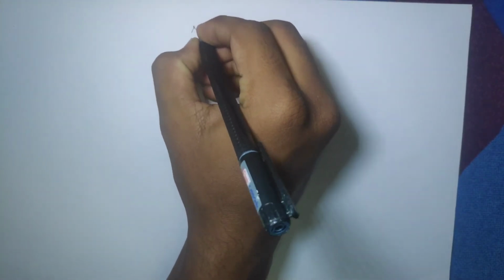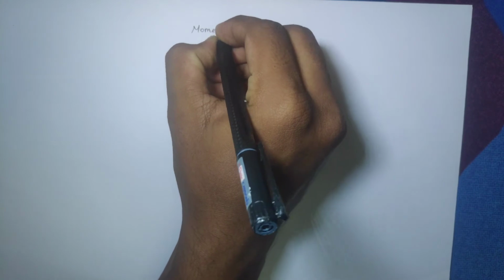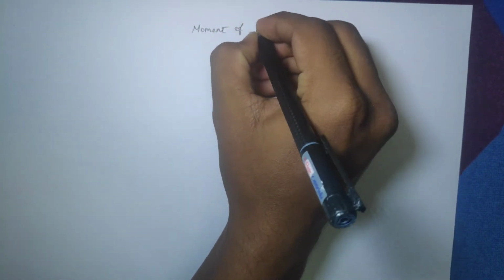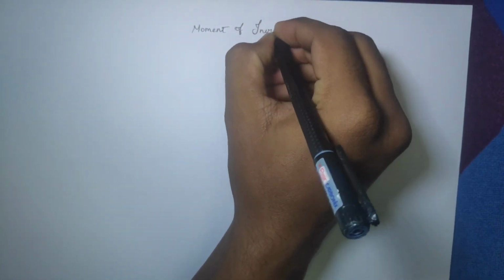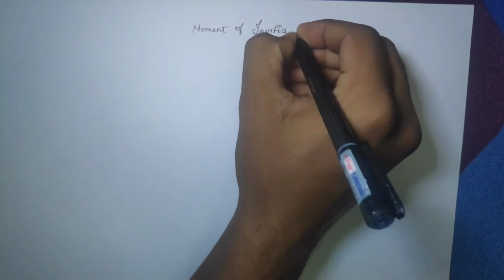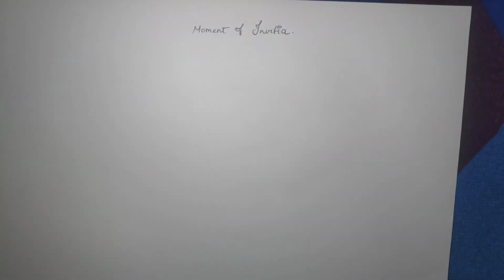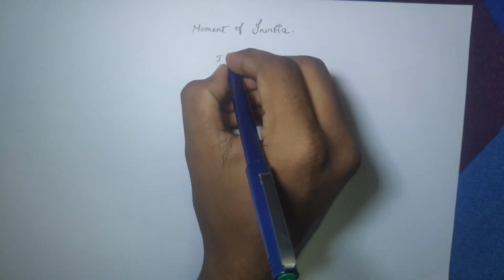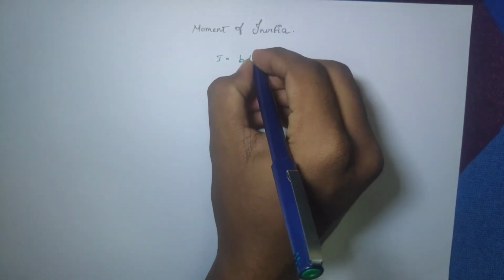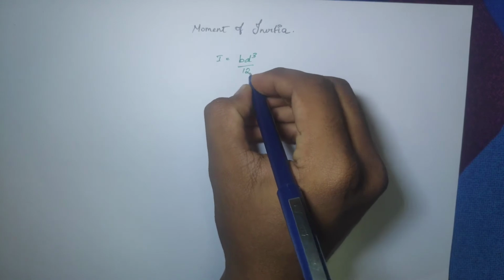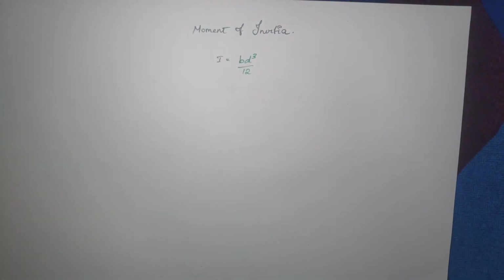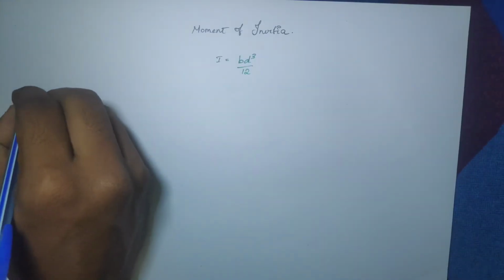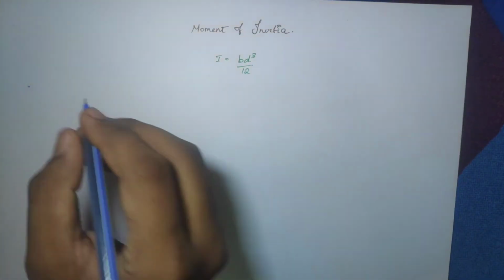Today let's see what moment of inertia is. We basically know the formula for moment of inertia is I equals b d cube by 12. First of all, what is moment of inertia? Moment of inertia is something that is related to stiffness.